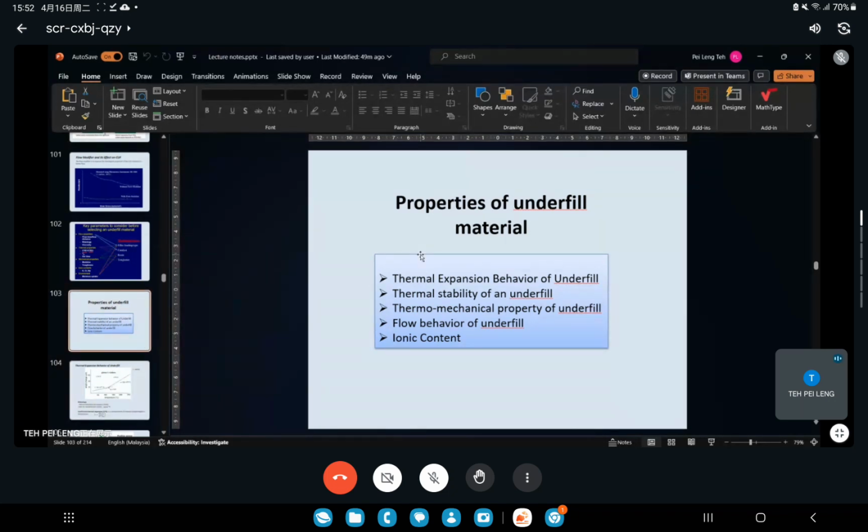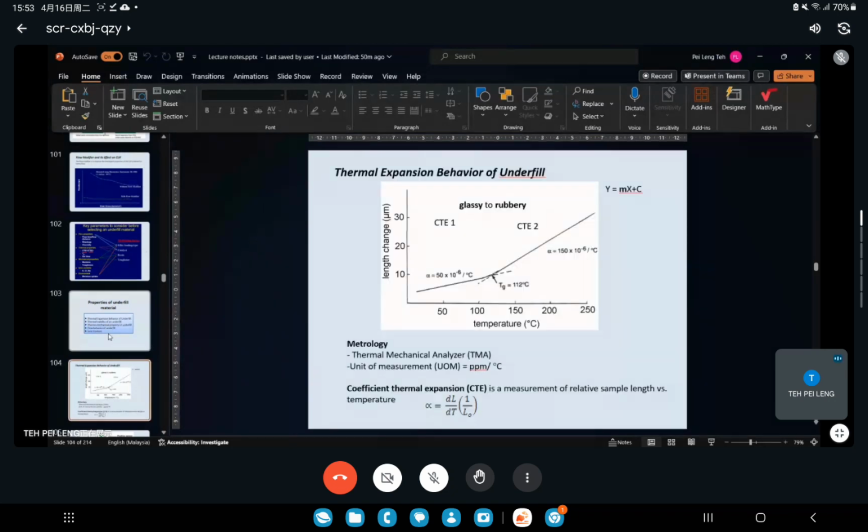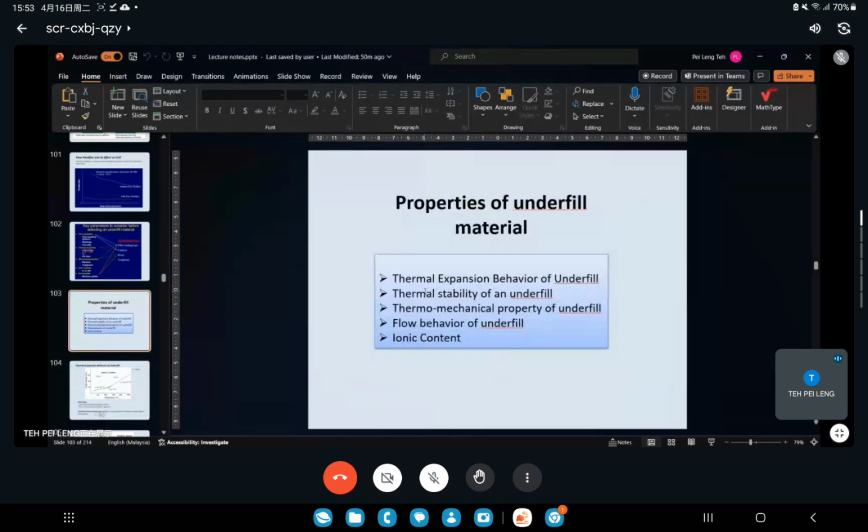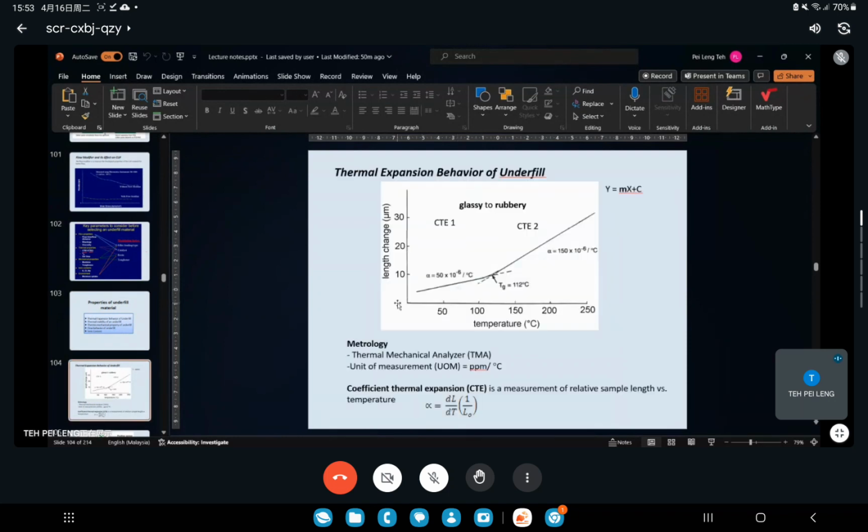Okay? So these are the few properties that I think you all seldom come across. Mechanical I think almost every subject you have learned already, so I never touch it. Thermal expansion, I think this is something new to you.